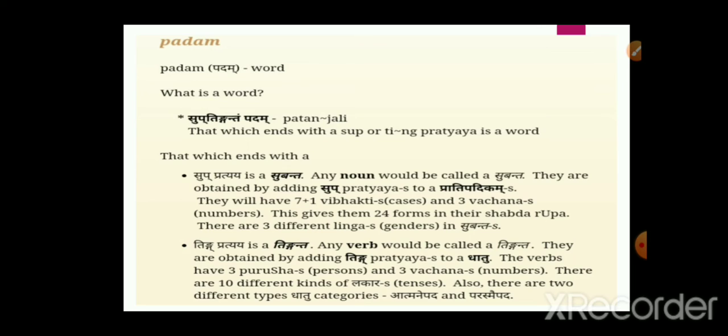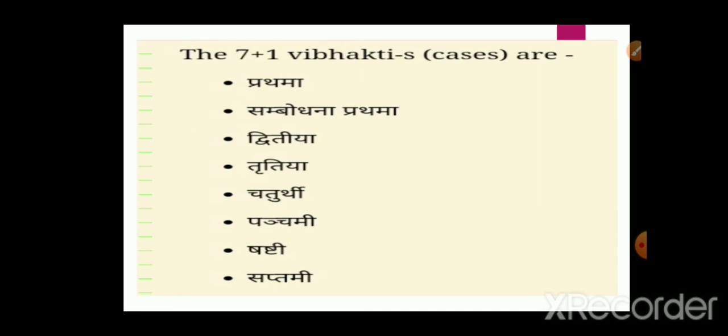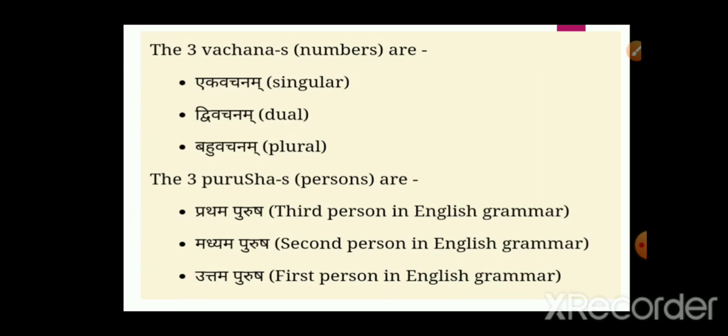So in total we have 3 Purushas, Ekavachanam, Dvivachanam, Bahuvachanam, and 7 plus 1, 8 Vibhaktis, that is Prathama Vibhakti, Dvitiya, Tritiya, Chaturthi, Panchami, Shashti, Saptami and Sambodhana Prathama Vibhakti. We have also seen 3 Vachanas, that is numbers: Ekavachanam, Dvivachanam and Bahuvachanam, which are called singular, dual and plural.